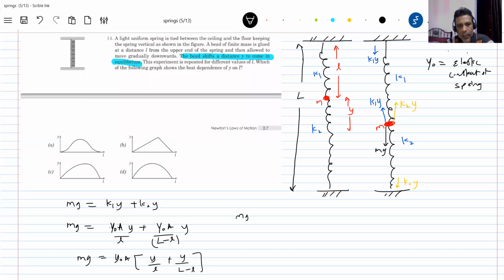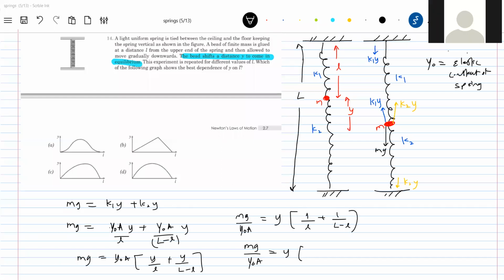So this should be equal to mg, Y naught A Y times 1 by l plus 1 by L minus l, which is L by l into L minus l.